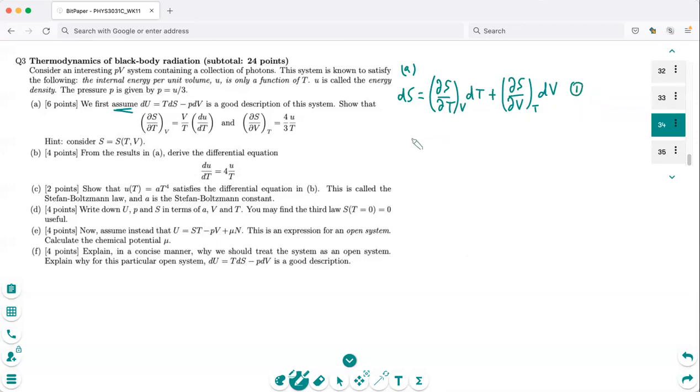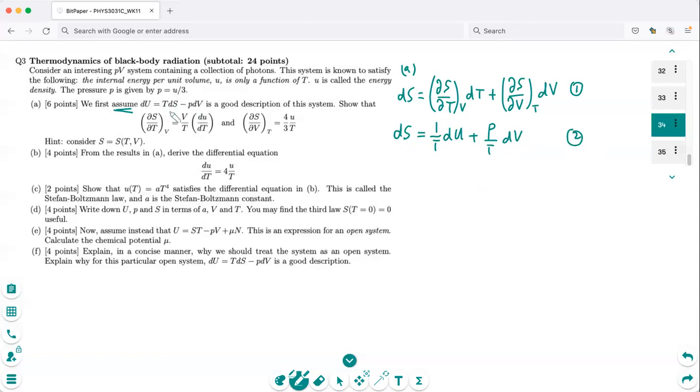And second, I will also remind you what the first law is. The first law, if I write it in terms of dS, is TdS equals dU plus PdV. So if I change the subject, I will have 1 over T dU plus P over T dV. Okay, so this is the first law.